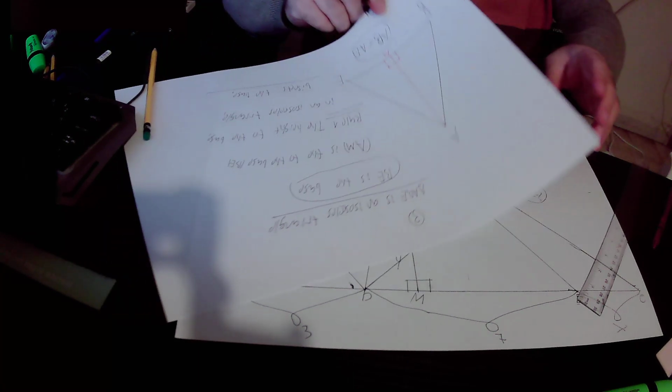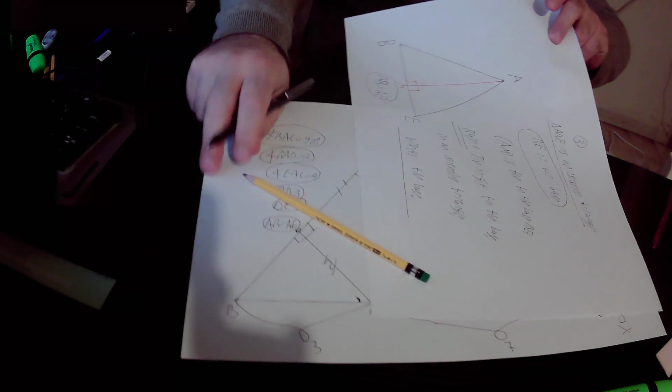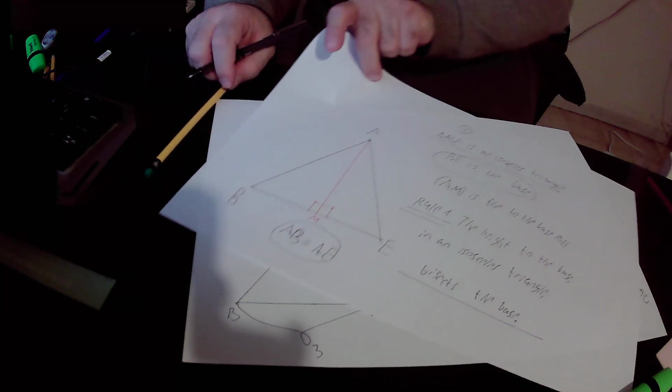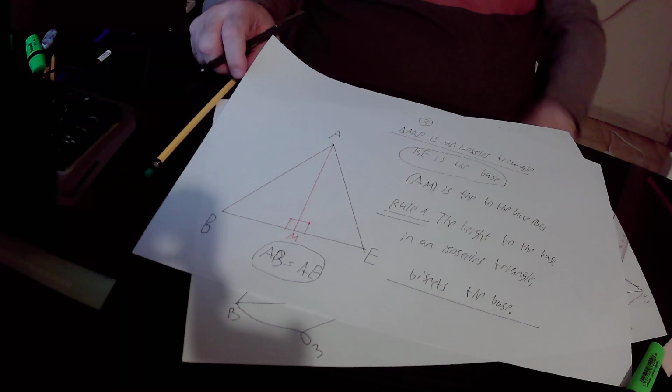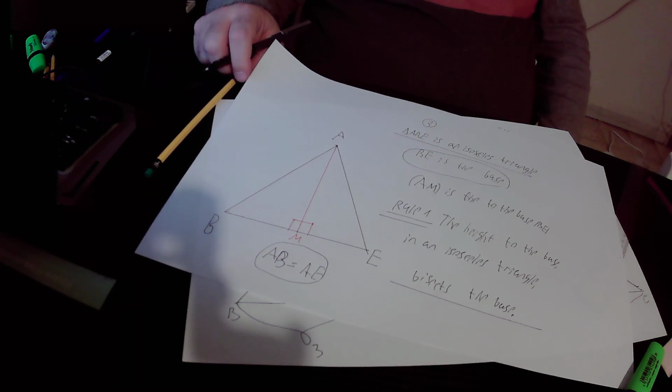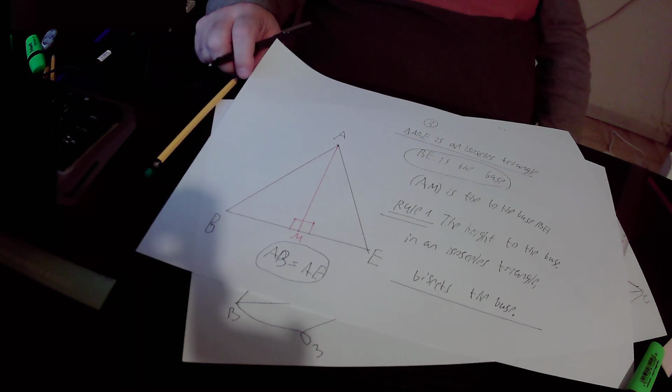I'll read rule number 1 again. According to rule number 1, the height to the base in an isosceles triangle bisects the base.